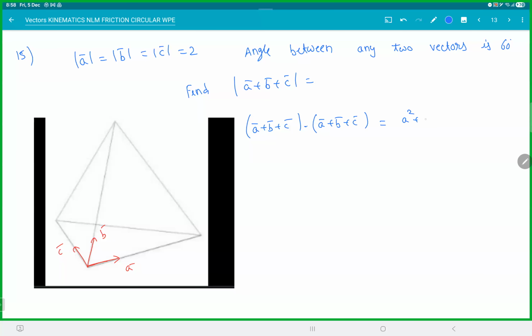Then the formula becomes A square plus B square plus C square plus 2 A bar dot B bar plus 2 B bar dot C bar plus 2 C bar dot A bar.